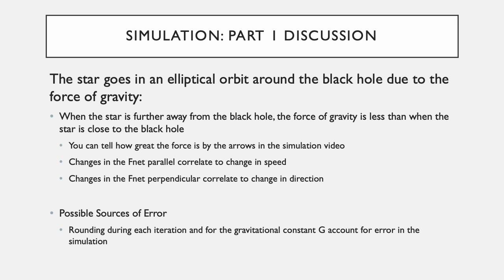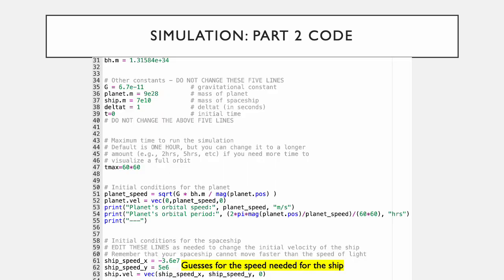As it goes around, you can see that the arrows grow smaller further away from the black hole, meaning the net force is smaller. Some possible sources of error are rounding during each iteration of the loop and in the gravitational constant, so that can cause some error.